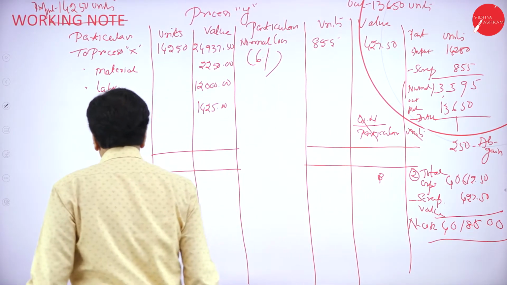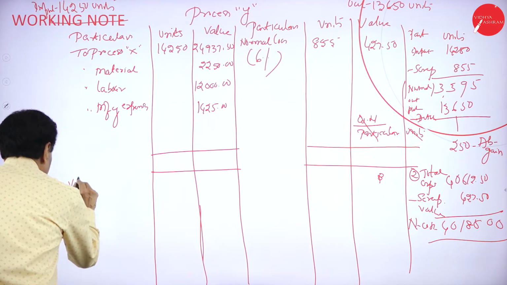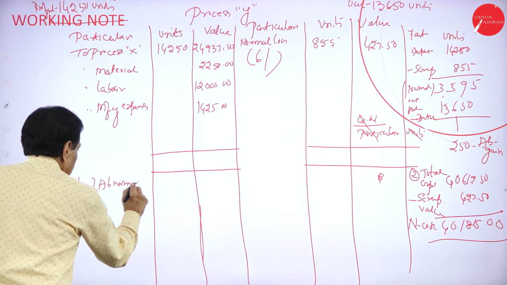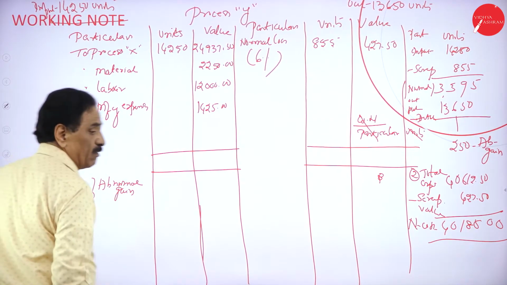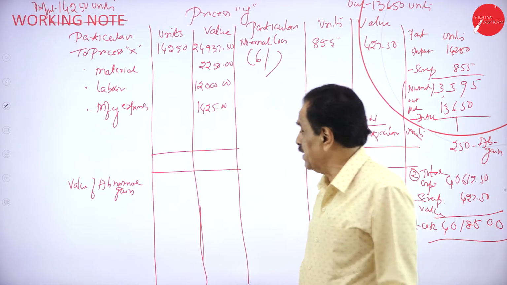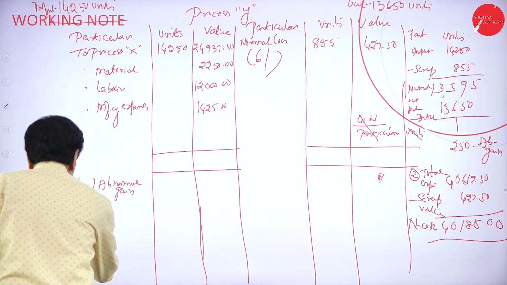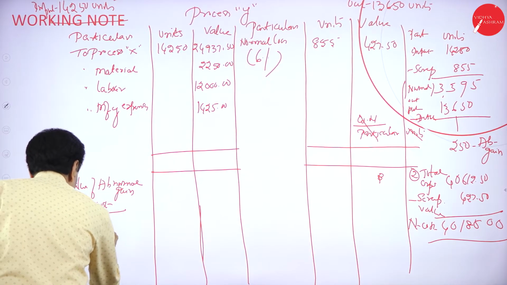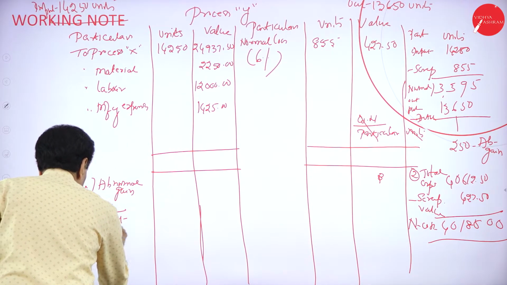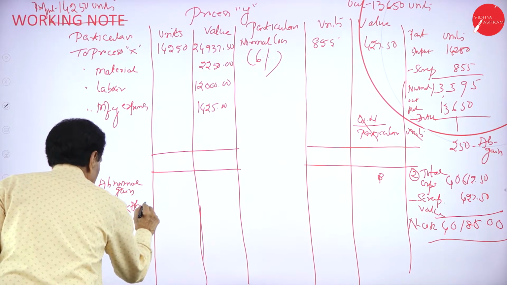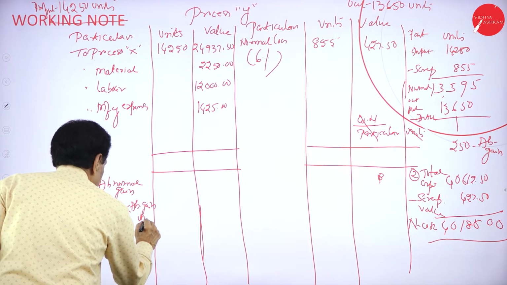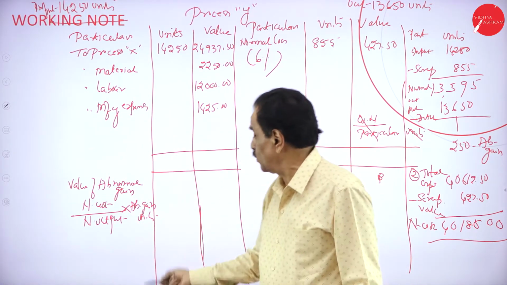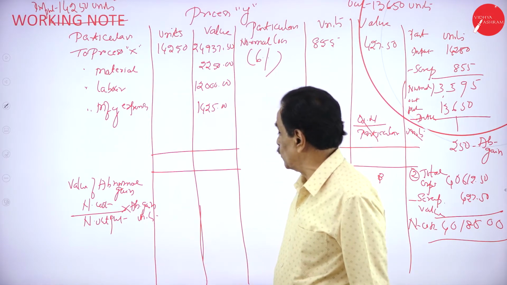Then value of abnormal gain. What's your formula? Normal cost divided by normal output multiplied by abnormal gain units.